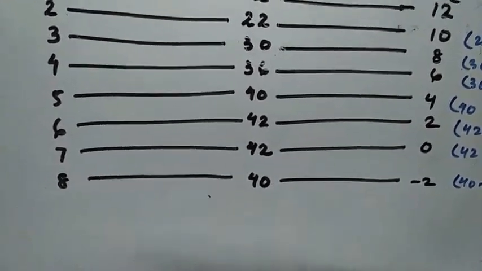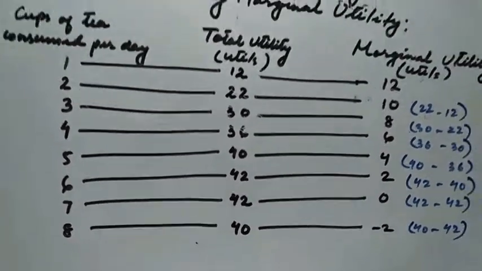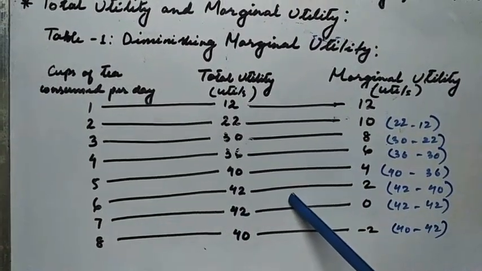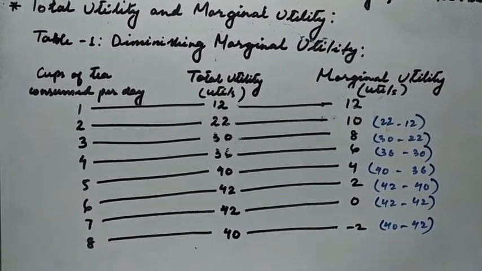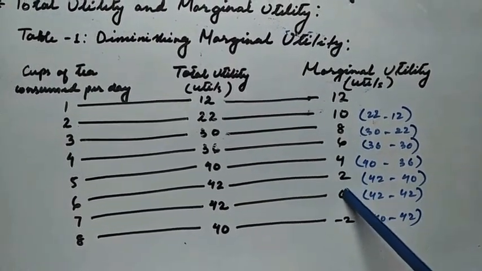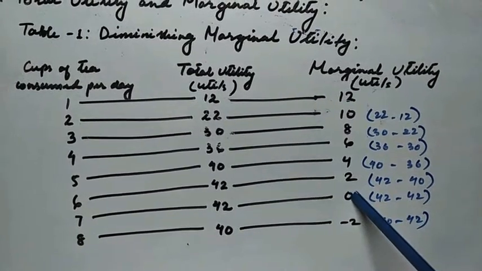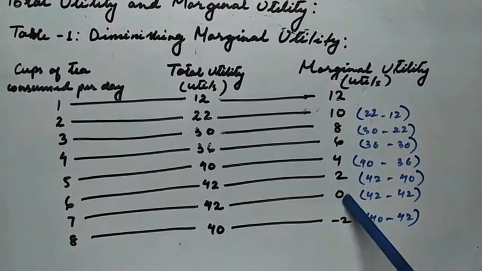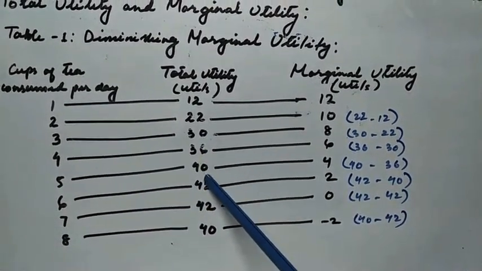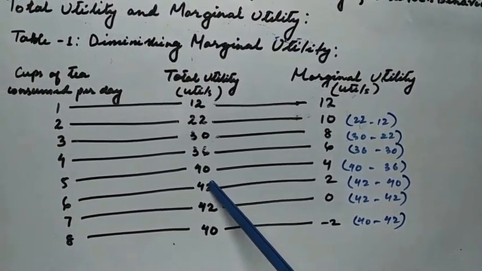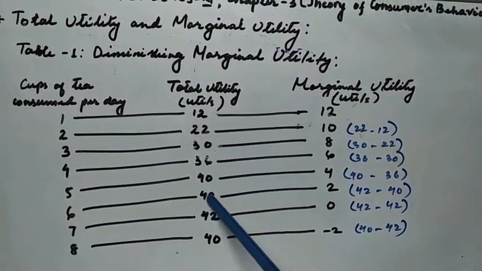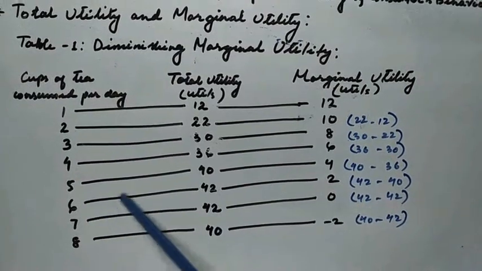And again, it will be seen from the table that beyond 6 cups of tea per day, his total utility declines, and therefore marginal utility becomes even negative beyond the 6th cup of tea. His total utility stops at, say, 42, and it keeps on declining after 6 cups of tea.